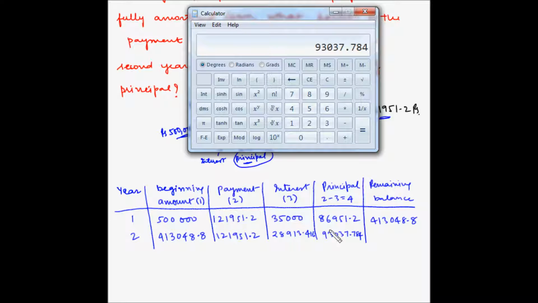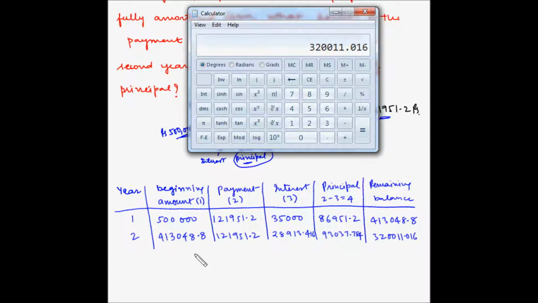And now the remaining balance will be the beginning amount, which is the remaining principal to be paid off, minus the principal paid off per the installment for the second year. So this becomes negative, and we add 413,048.8. So the remaining balance is 320011.016.